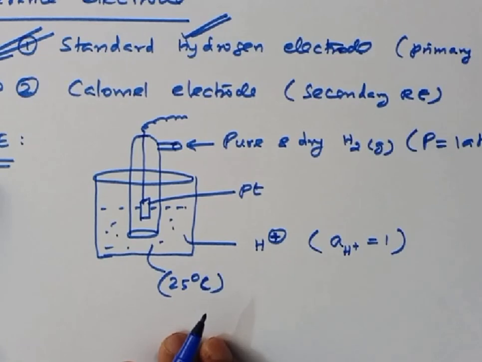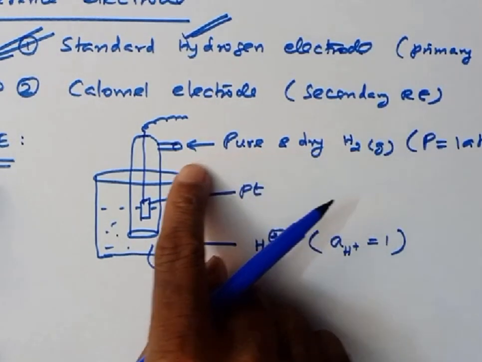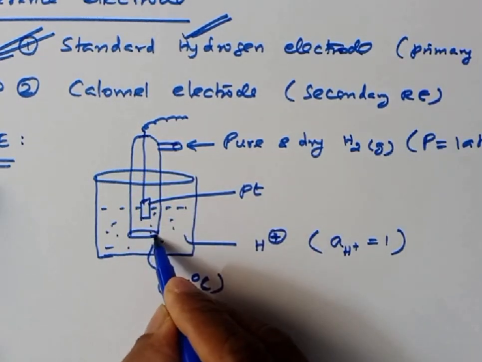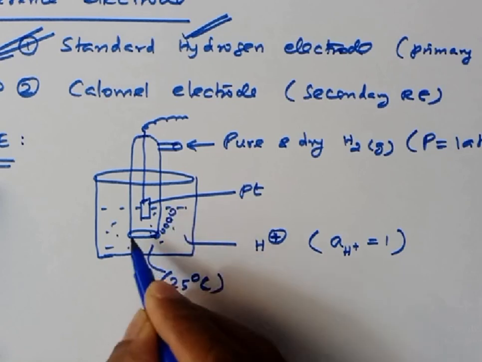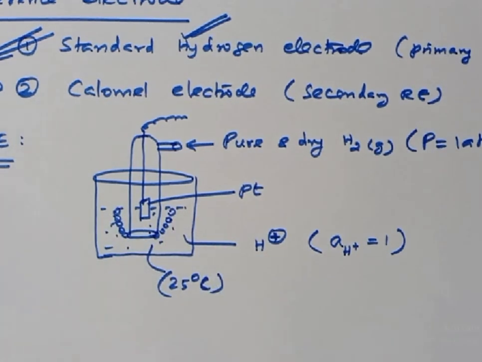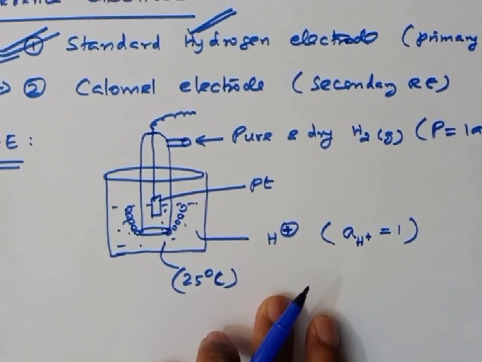Students, observe carefully. We pass pure and dry hydrogen gas through this tube so that the gas bubbles. You can see the bubbles coming out like this. And what reaction takes place?